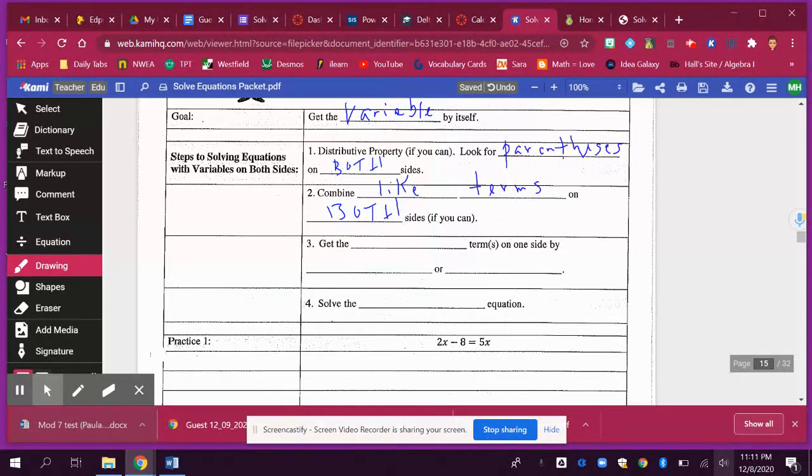And you're going to get the variable terms on one side by adding or subtracting. The variable terms are the ones with the variable. And you're going to solve the two-step equation.